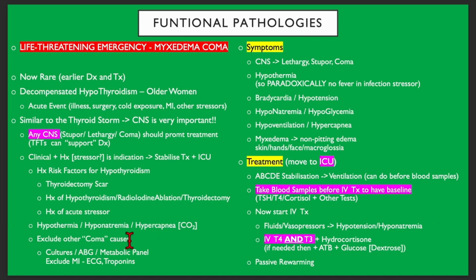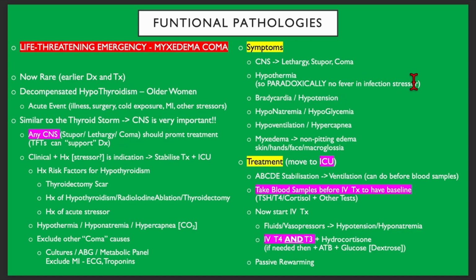And exclude other coma causes. So do the cultures, maybe it's meningitis or something, a metabolic panel, arterial blood gases, exclude DKA, take the ECG and so on. Then we have the symptoms. We said CNS, hypothermia. We said the stressor could be an infection.